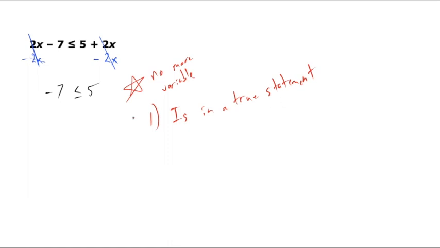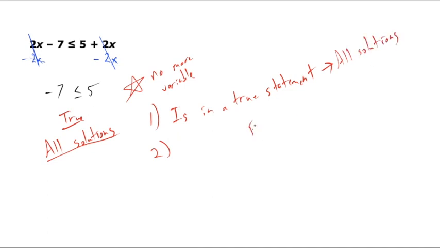If this is true, then what that means is this is all solutions. Because this is true, it is all solutions. A true statement means all solutions. A false statement means no solutions.